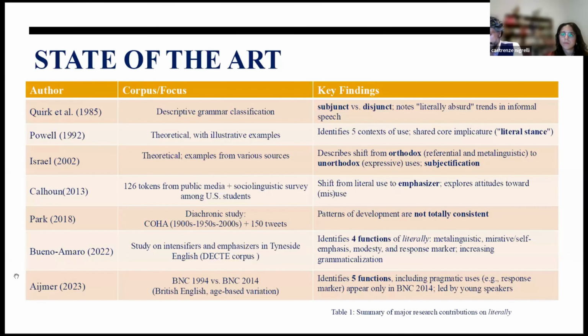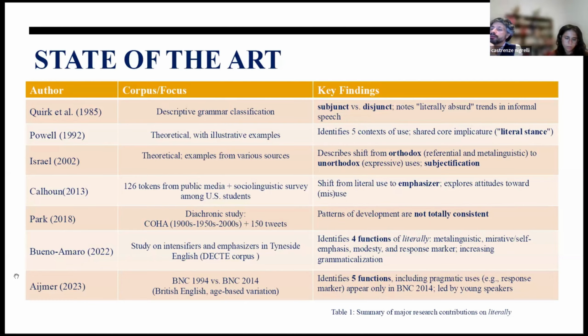In more traditional accounts, like Pericatali, literally is described either as a subjunct, that is a reinforcing adverb, or as a disjunct, that is a metalinguistic comment. They also describe some modern use as absurd.